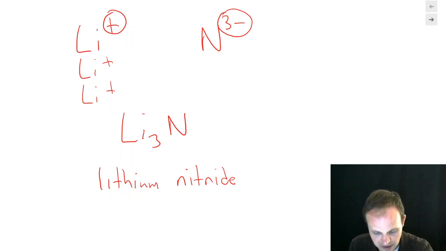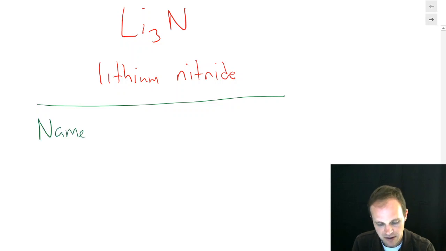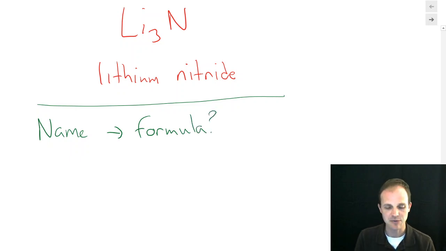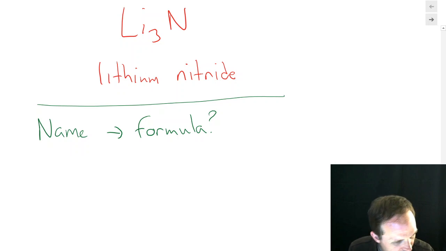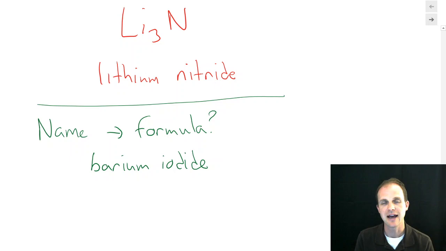Let's say, how do we go from a name to a formula? How do we go from a name to a formula? So if I say, oh, you know, I've got some barium iodide on my shelf, how can I find the formula for barium iodide?